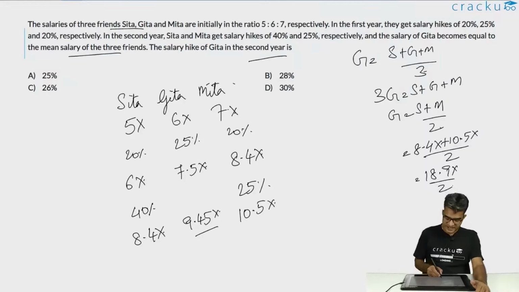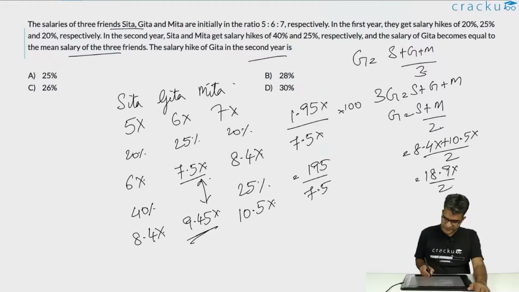So the increase is 9.45x minus 7.5x, which is 1.95x, divided by 7.5x into 100, which is equal to 195 divided by 7.5, which is equal to 390 divided by 15, which is equal to 26%. So the salary hike is option C, which is 26%.